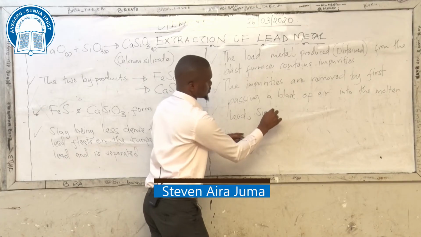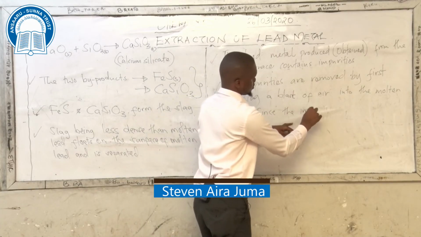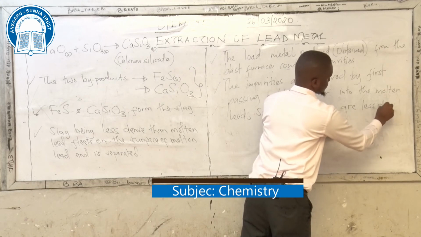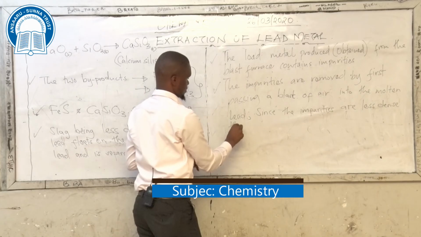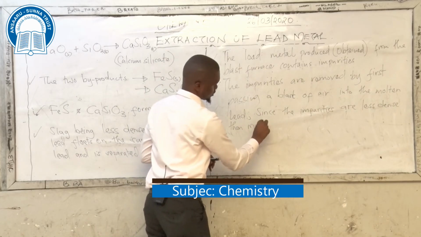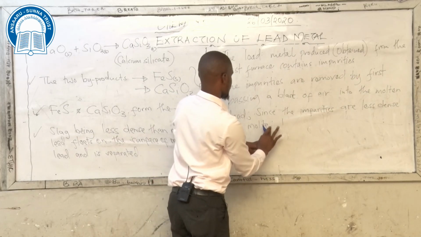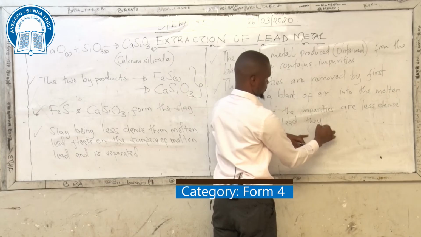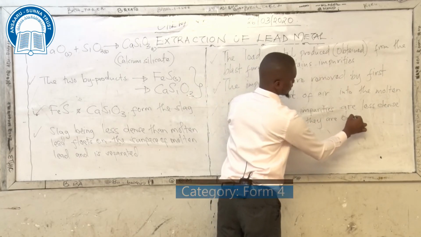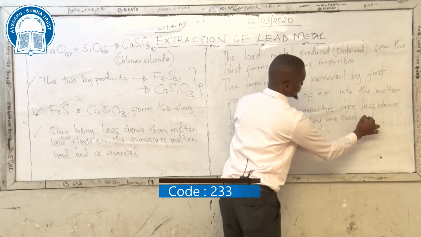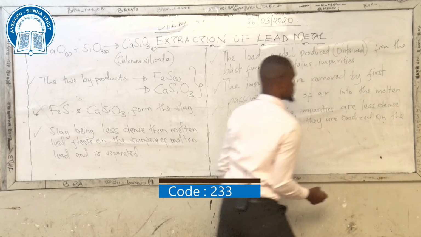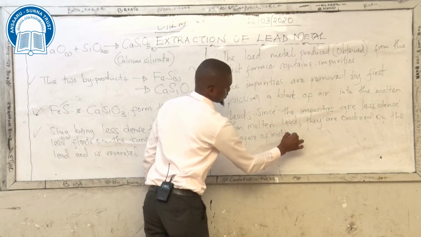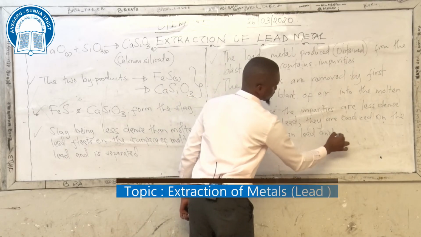Since the impurities are less dense than molten lead, they are oxidized on the surface of molten lead and are skimmed off.